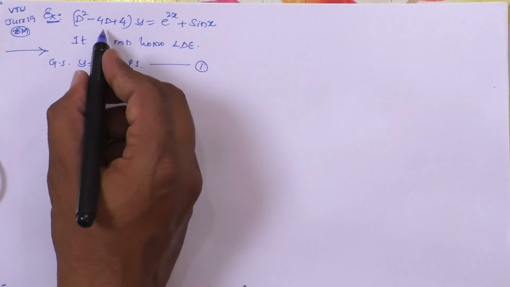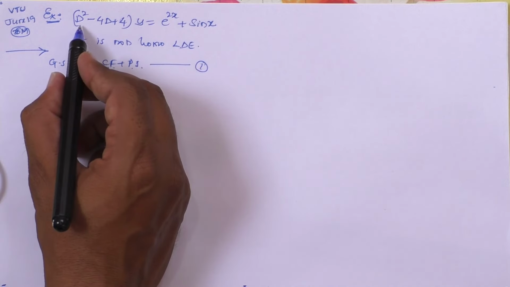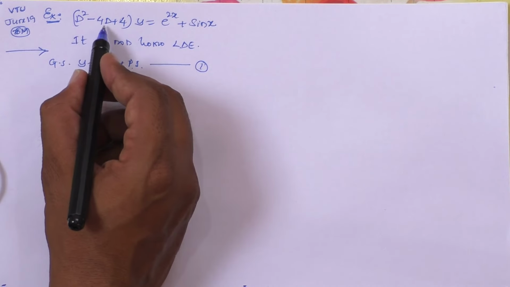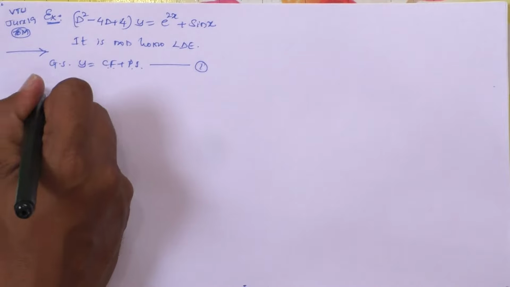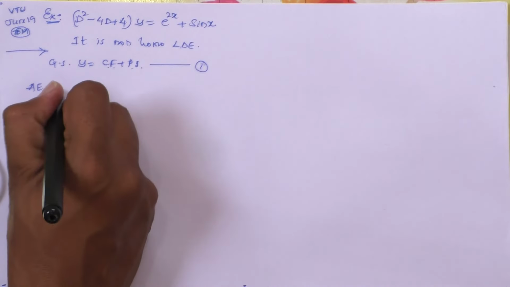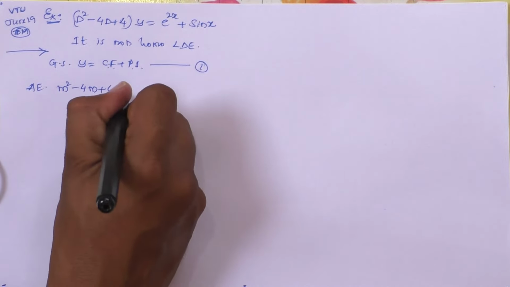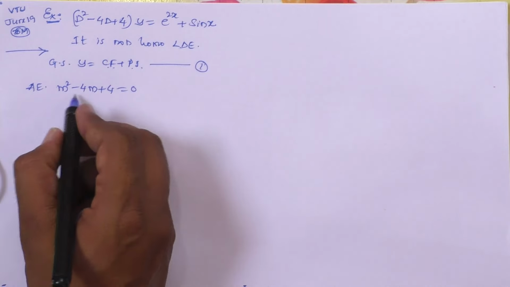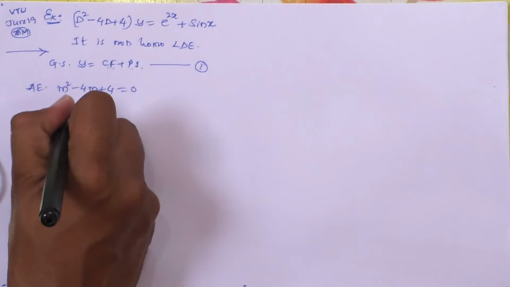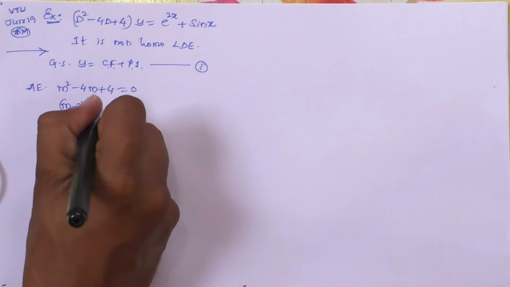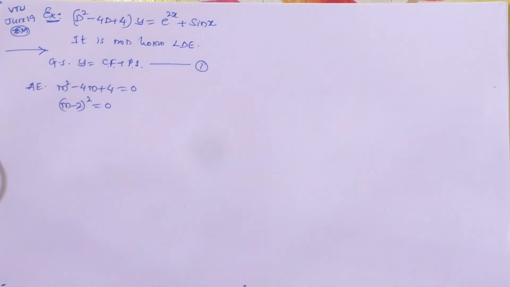For CF, refer to the LHS. On our LHS we have D square minus 4D plus 4. By referring to that, we can write the auxiliary equation as m square minus 4m plus 4 equal to 0. If you look at this, it is of the form m minus 2 whole square, the a minus b whole square form.